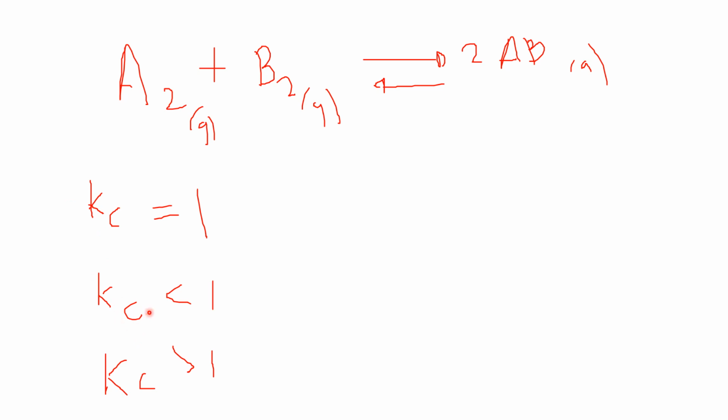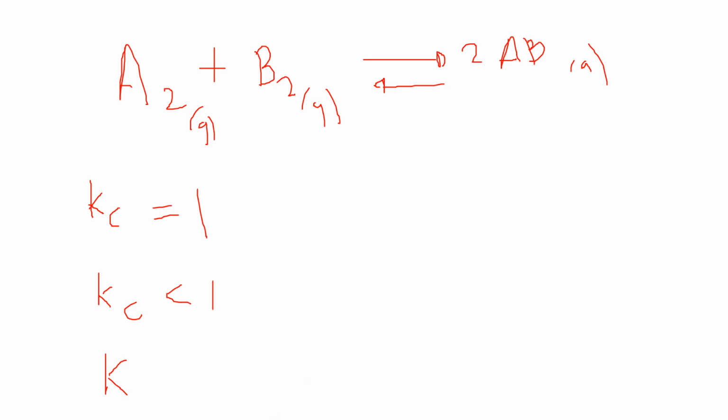It tells us whether there is equal concentration of the reactants and the products at equilibrium, or the reactants have more concentration than the products even though they are still at equilibrium, or the products have more concentration than the reactants. So that is what the equilibrium constant is telling us.